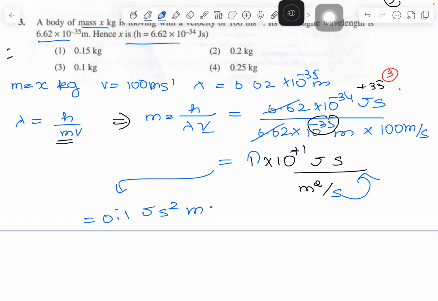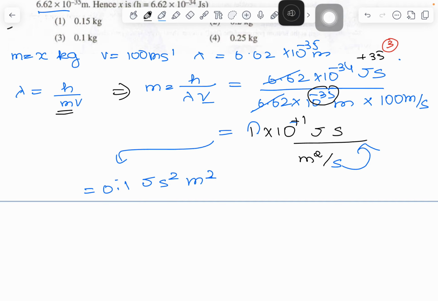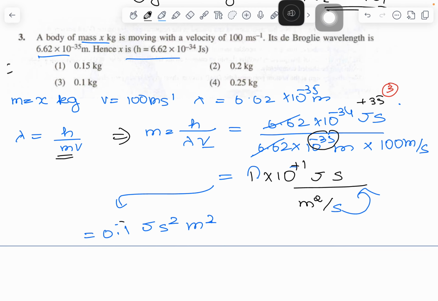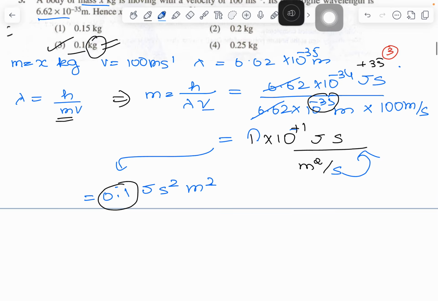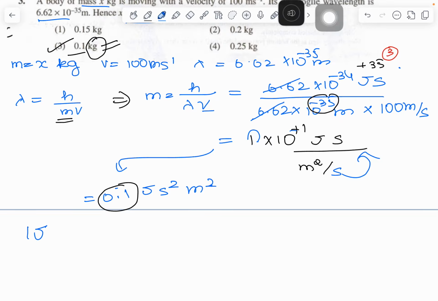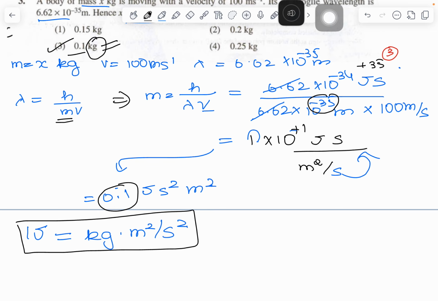One thing: this 0.1 value we got, we can directly calculate as 0.1, but sometimes the values are similar but the unit is not the same. How to get this unit? This is one note point: 1 joule is equal to kg meter square per second square.